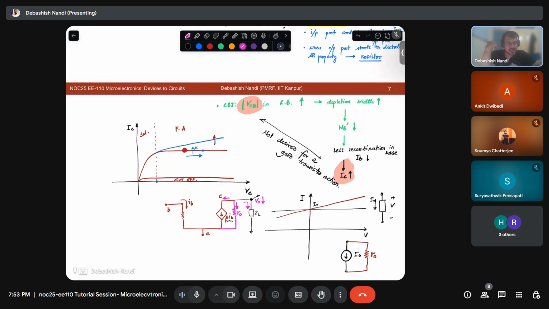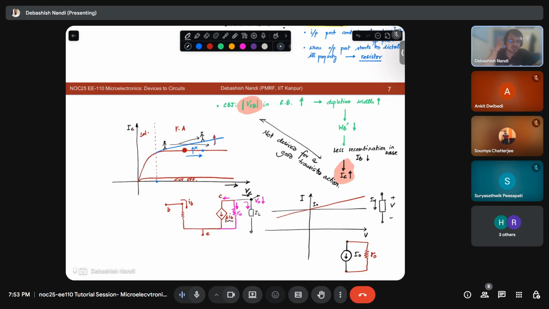In other words, my IC is increasing. Basically, if you keep walking on this line, you are not at a single plane. You are going up in a slope. Okay. So that means as you move along your VC, as VC is increasing in this direction, your current is also increasing.